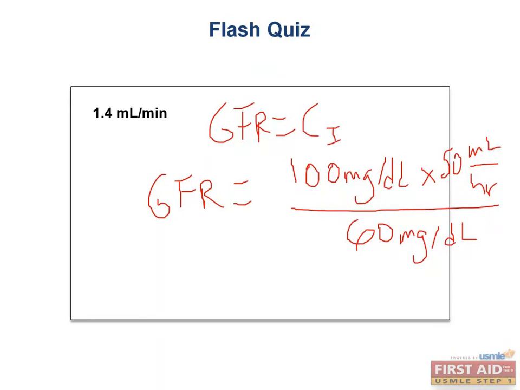And when we do that calculation, we get 83.3 mils per hour. And dividing that by 60, we get 1.4 mils per minute.